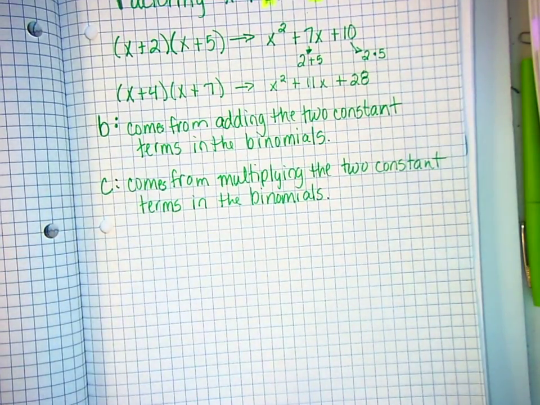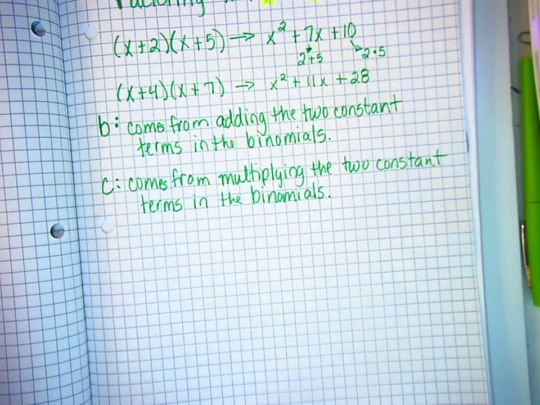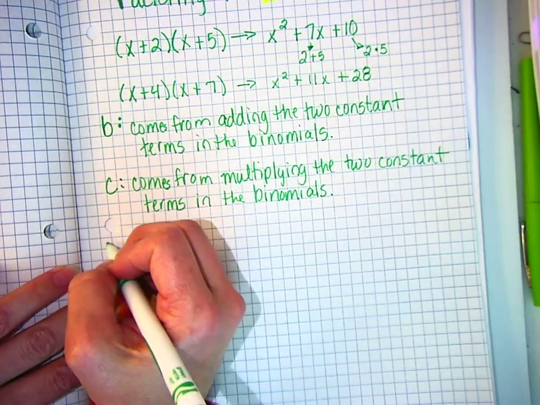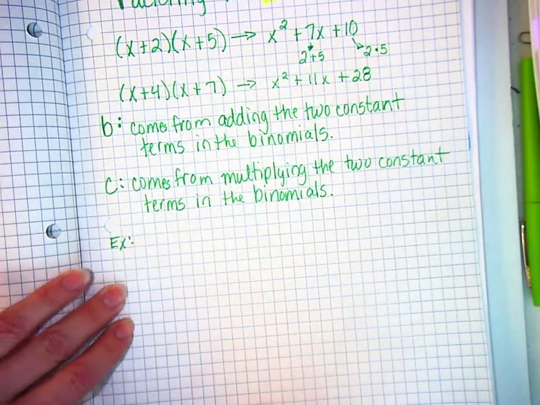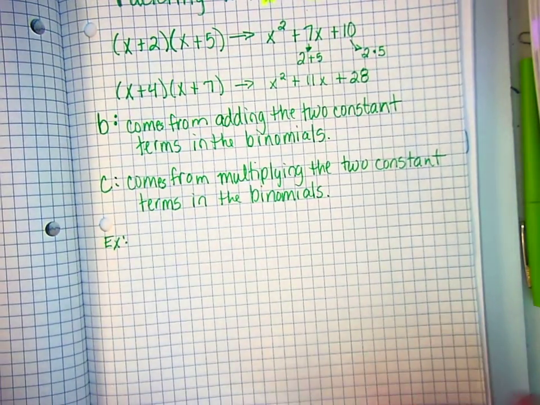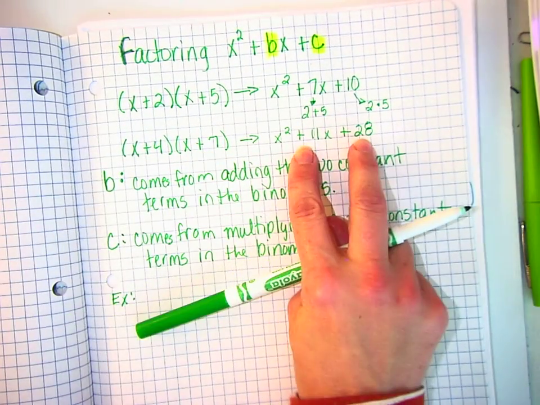Okay. All right, so let's try a few of these. Let's do a few examples now that I've kind of filled you in. I'm going to give you a few more tips on factoring these. So one thing that we're doing now, in the last chapter, you were getting this information and going here.